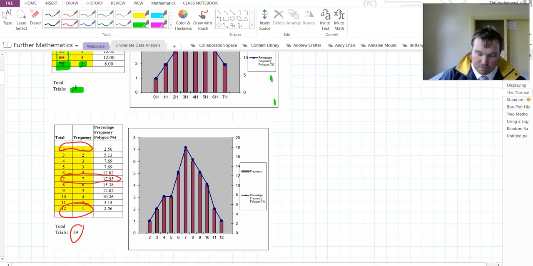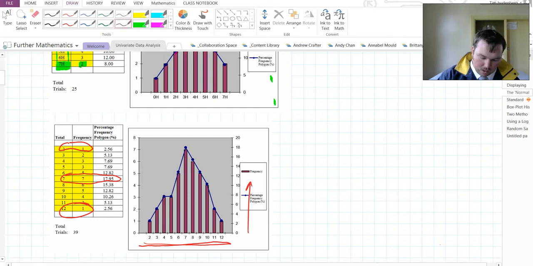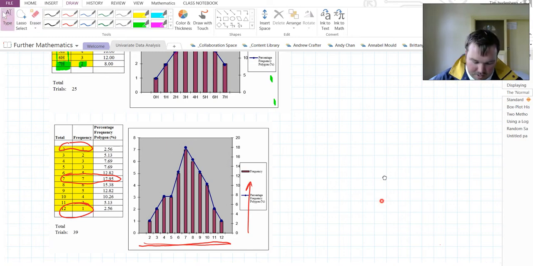And if I plot the frequency of each number happening, so each number happening is on the x, frequency is up this side, and I can create a curve. Now these are relatively small sample sizes, 25 and 39 is quite small. As I throw more and more dice, throw more and more coins, this will become more like a curve. And I am famously terrible at drawing these curves. You'll see an actual curve down the bottom.